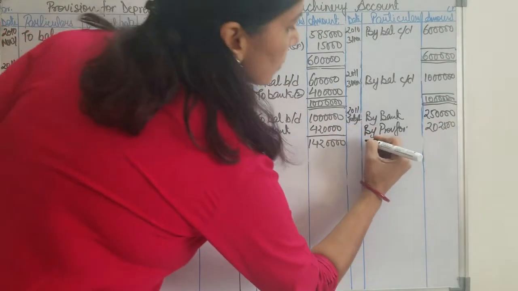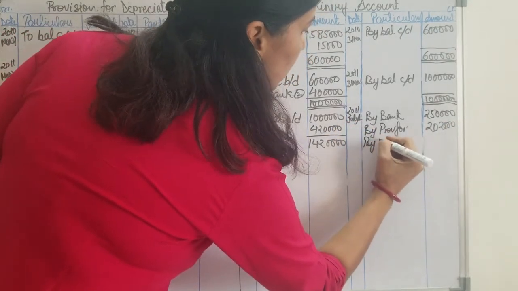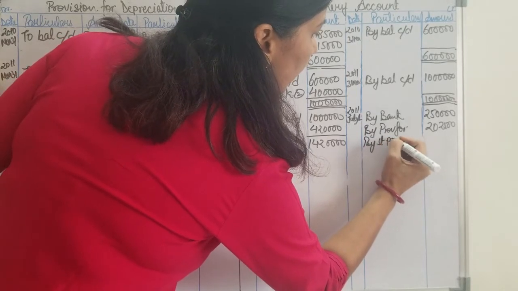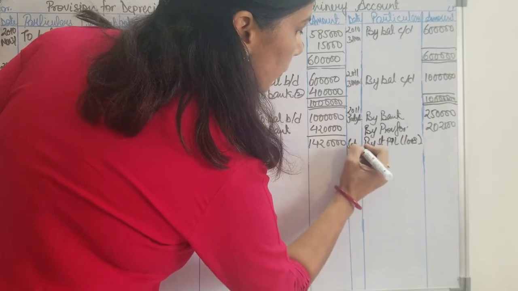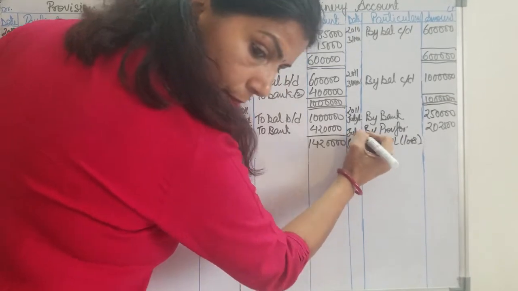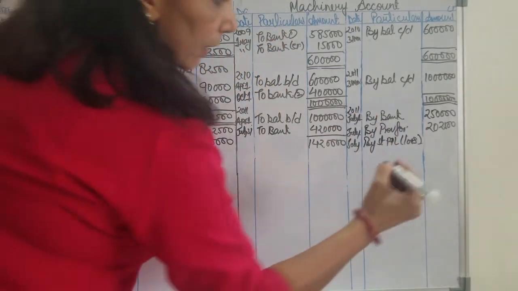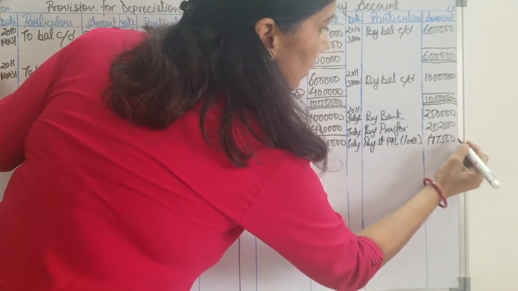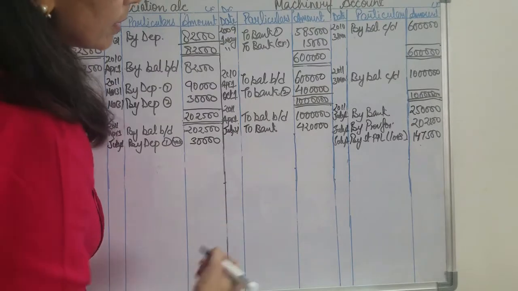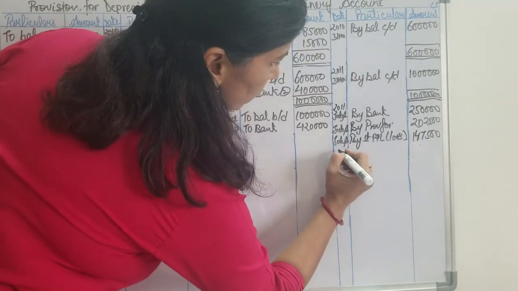And the loss on sale of machinery will be transferred to the statement of P&L. Okay, so the loss on sale of machinery, which is 1,47,500. It's here.